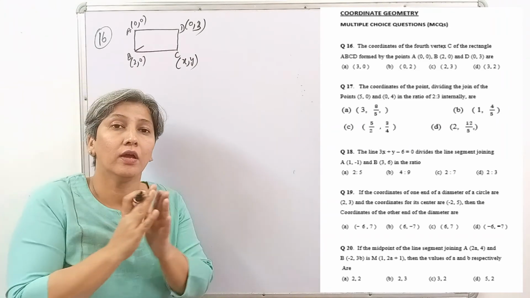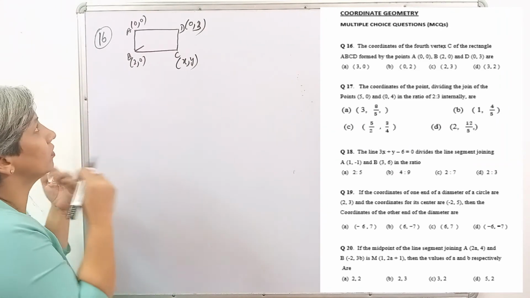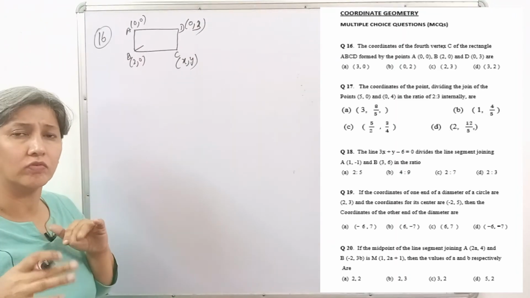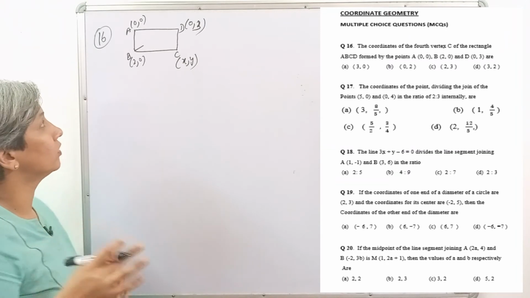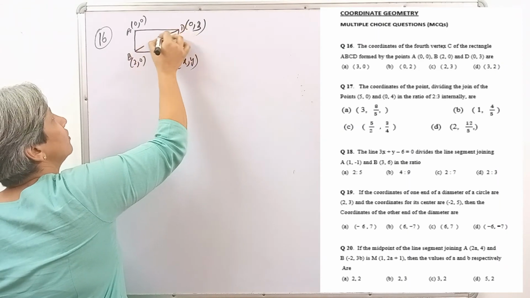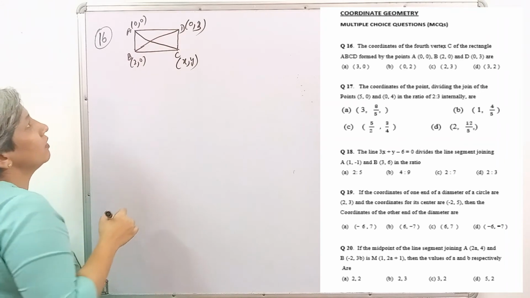mind, it's a trick that you will be using the midpoint formula. Maybe the first thing that strikes you is that the sides are equal, so you'll start equating the sides, which is also fine, but it's a little lengthier process. So rather try the midpoint formula, as diagonals of any parallelogram, be it a rectangle or not, bisect each other.